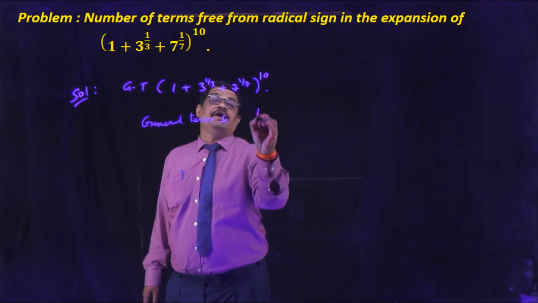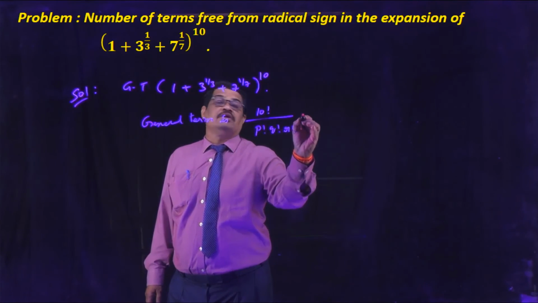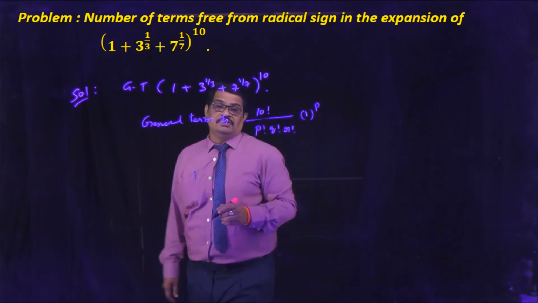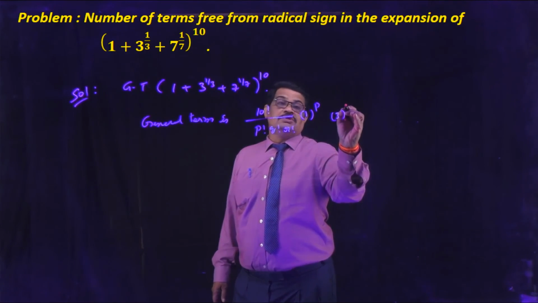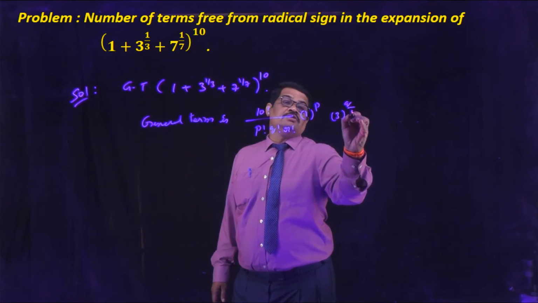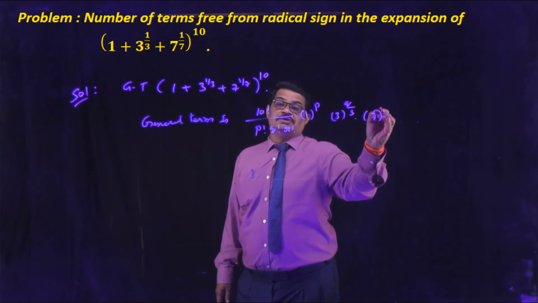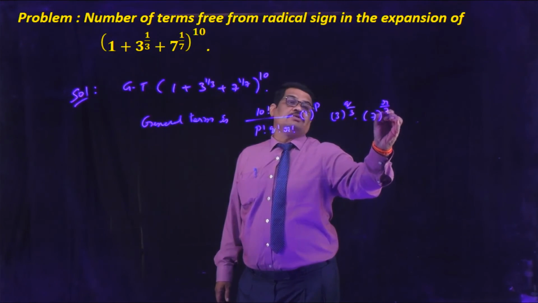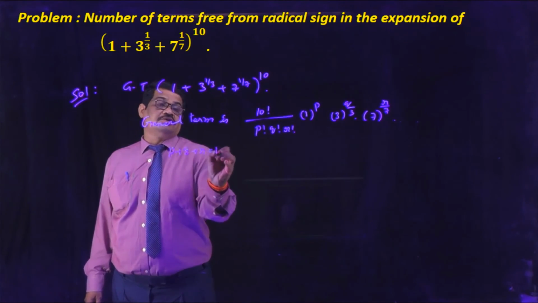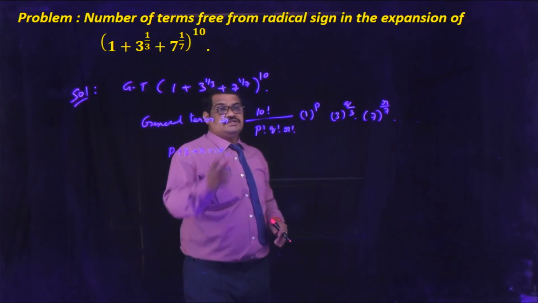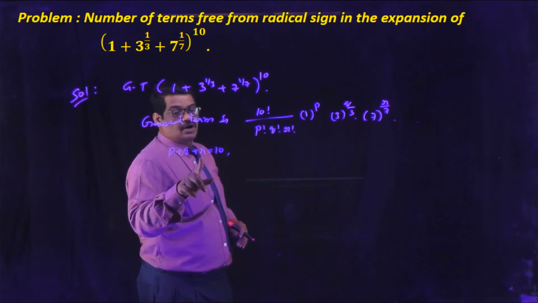It is 10 factorial by p factorial, q factorial, r factorial, times the first term 1 to the power of p, the second term 3 to the power of 1 by 3 whole power q, that is q by 3, and the third term 7 power 1 by 7 whole power r, that is r by 7. Now here p plus q plus r is equal to 10. So the total index is 10.